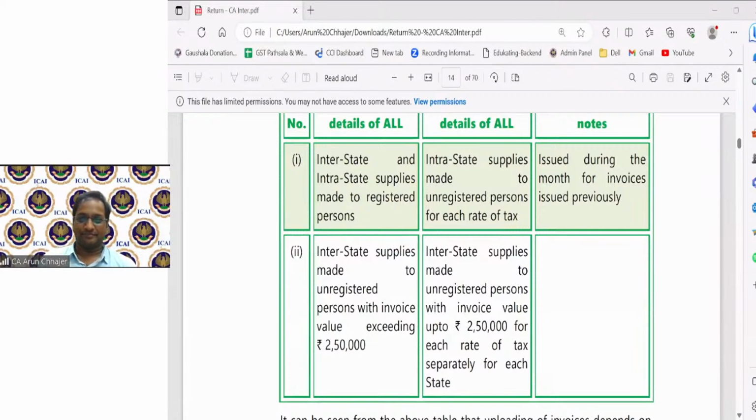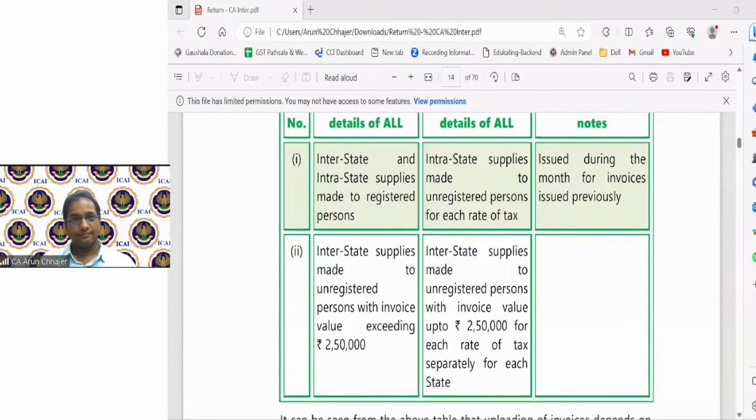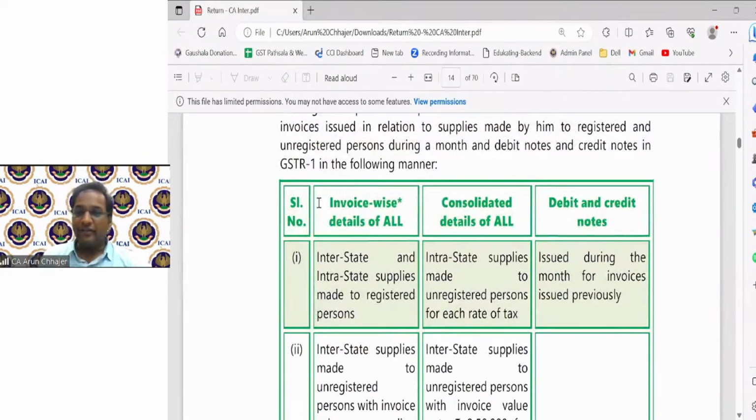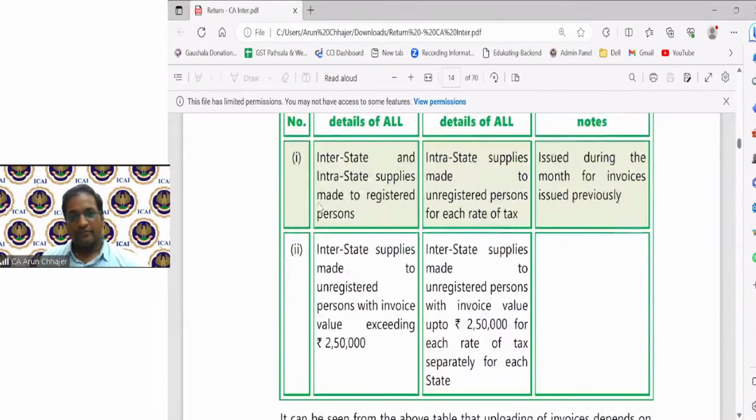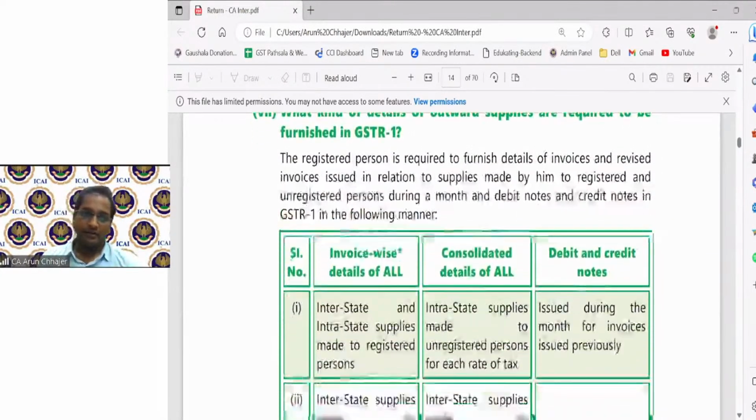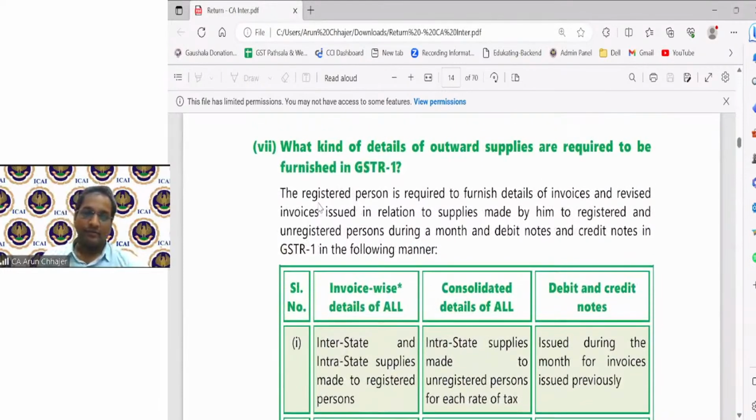Okay sir. So if it is a debit note or credit note, we will give the details.